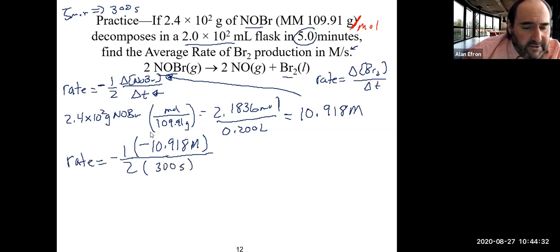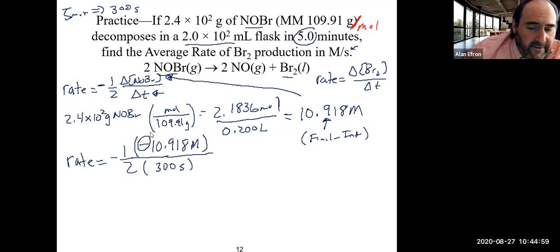Now you may ask yourself, why did I make this negative? It's important to realize this, although it was not explicitly told to you that that number should be negative. This is the part where you should know that it should be negative because it is a reactant, which means technically speaking, this number here came from taking final minus initial.